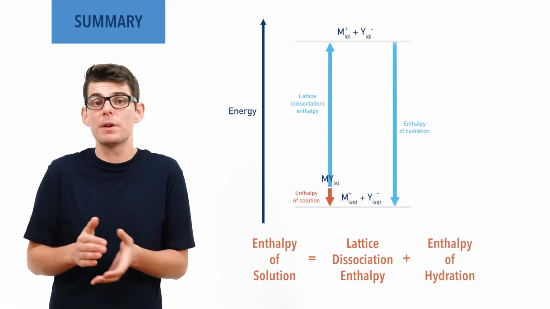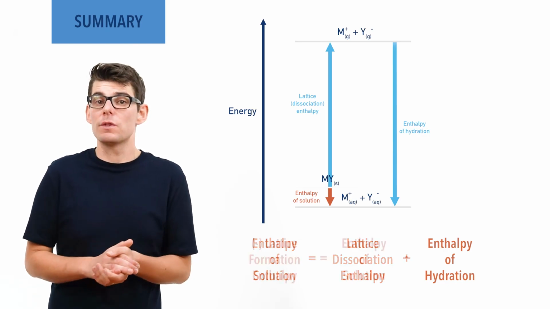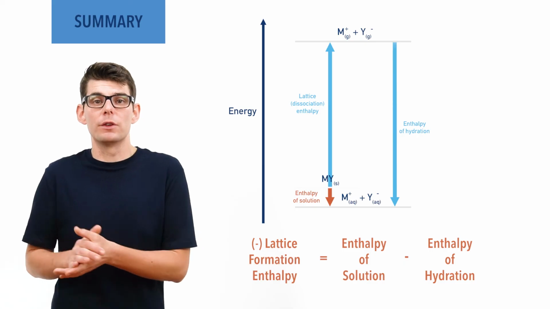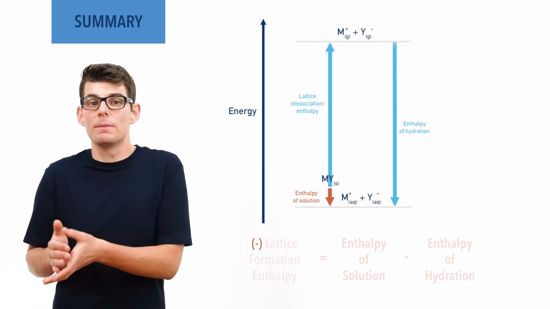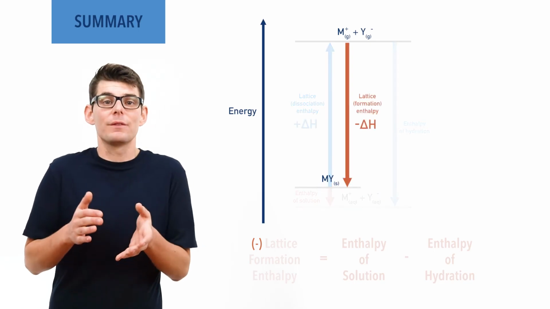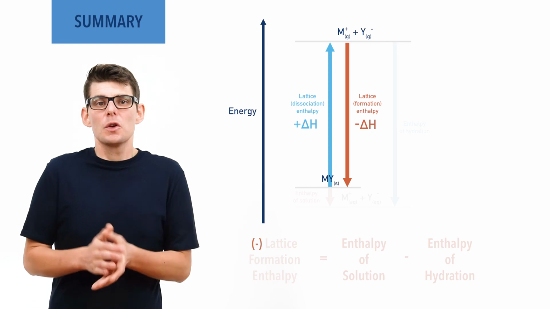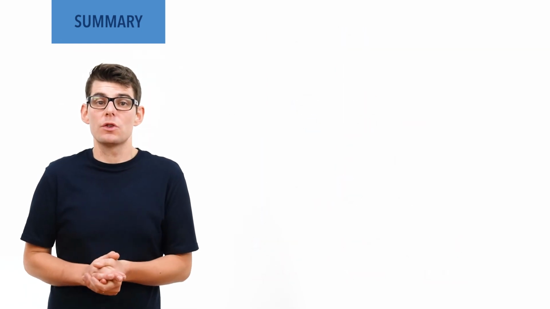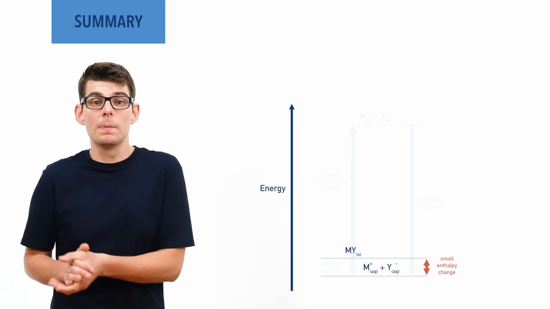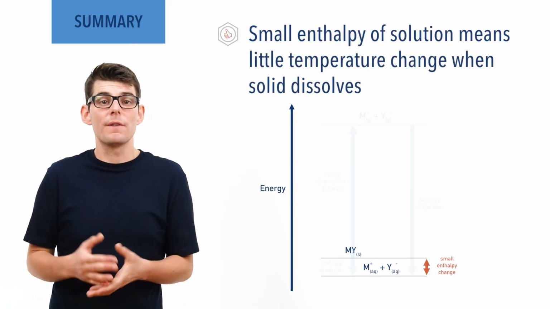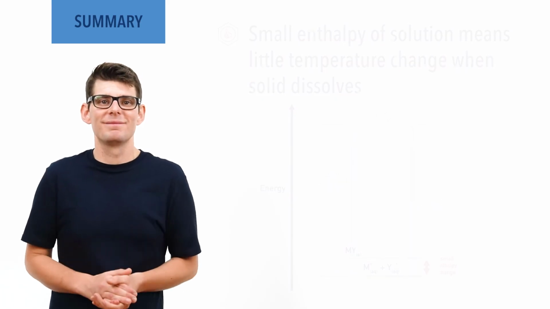The lattice enthalpy of formation of an ionic compound is the same as the enthalpy change of solution minus enthalpy of hydration, all times by -1, as lattice enthalpies of formation are exothermic and have the opposite sign to a lattice dissociation enthalpy. Compared to lattice enthalpy of dissociation and enthalpy of hydration, enthalpy of solution is usually very small. This means for some ionic compounds, very little temperature change is observed as it dissolves in water.